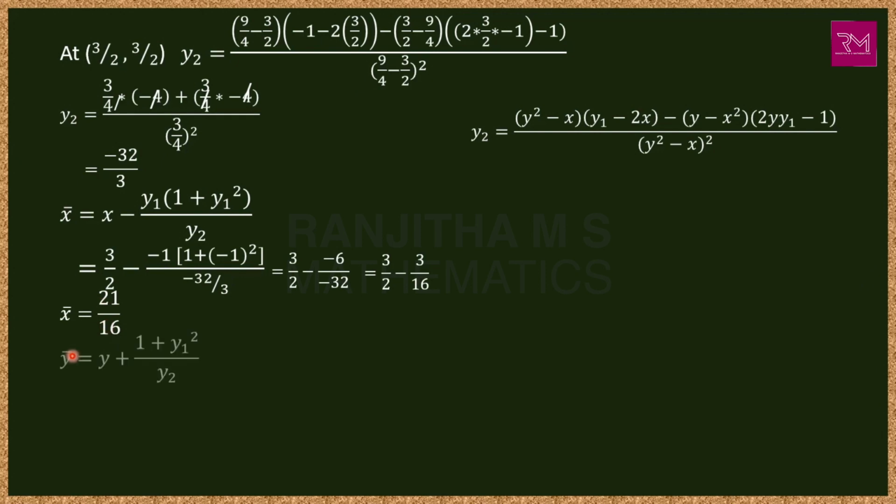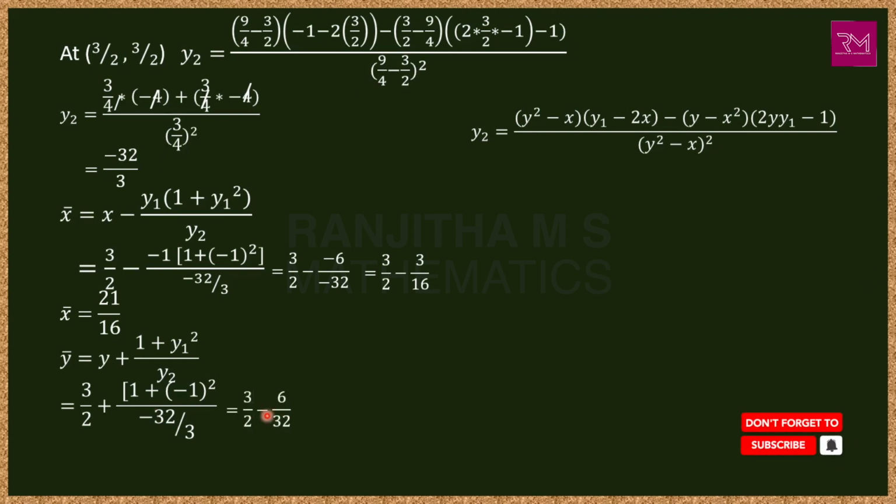Similarly, we have to find y bar, which is equal to y plus (1 plus y1 squared) divided by y2. Here substitute y1 as minus 1, y2 as minus 32/3 and y as 3/2. We get 3/2 plus (1 plus y1 squared, which is (minus 1) whole squared) divided by y2 is minus 32/3. We take 3 to the numerator and simplify, we get 3/2.